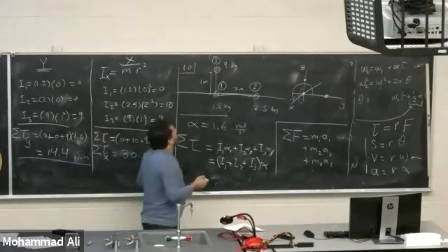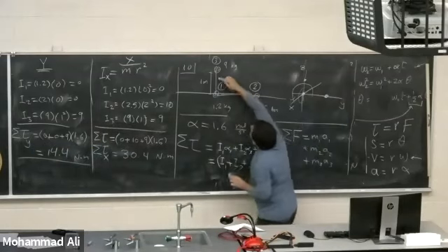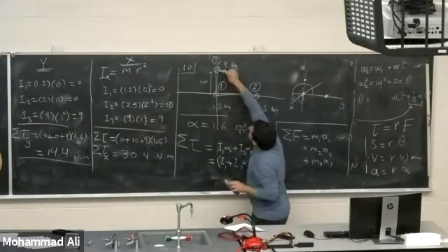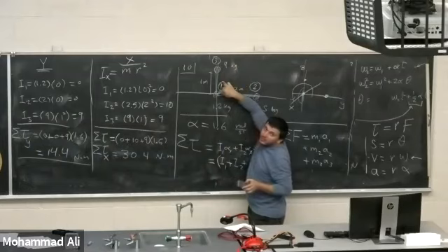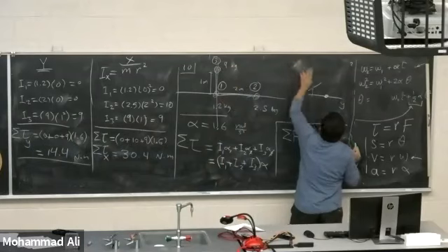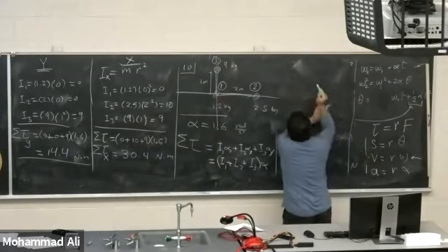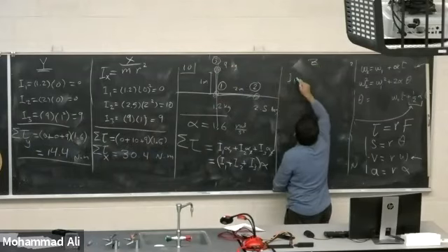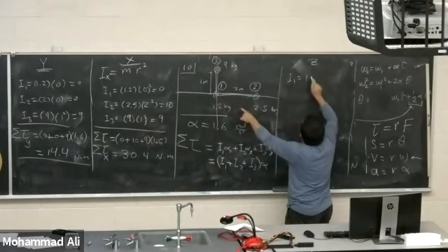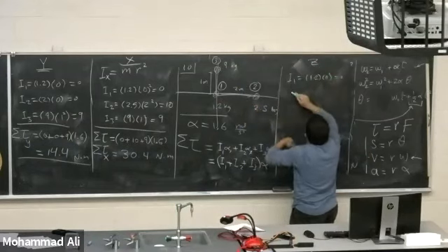Okay. What about Z? This is Z. You can see the third mass, the first mass lies on Z. So I for them is 0. About Z, I1 is equal to 1.2 multiplied by 0 squared, it's 0.